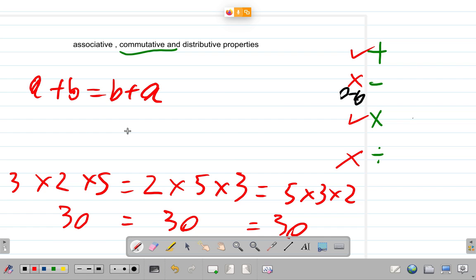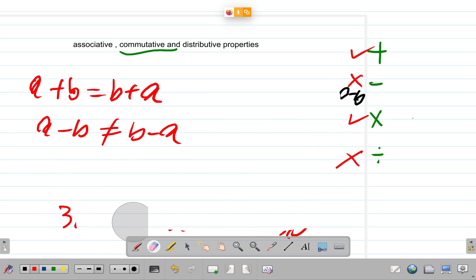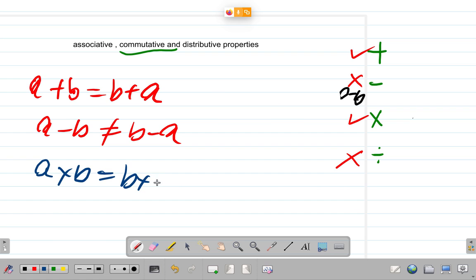That's addition. Subtraction is not commutative. A minus B is not equal to B minus A. Now, as for multiplication, multiplication is commutative. So A multiplied by B is equal to B multiplied by A.